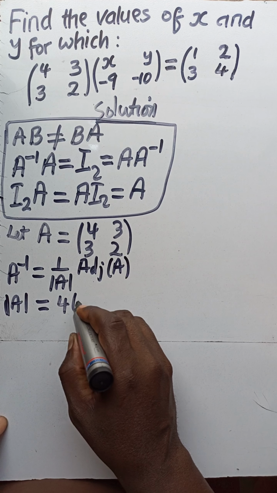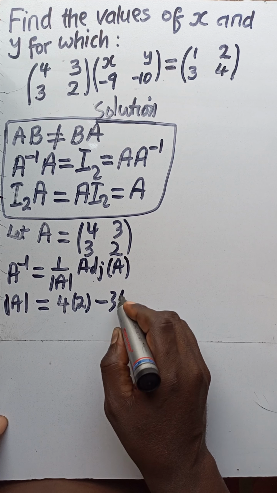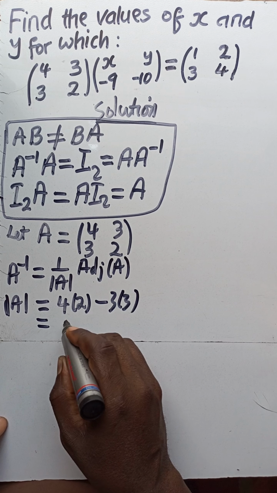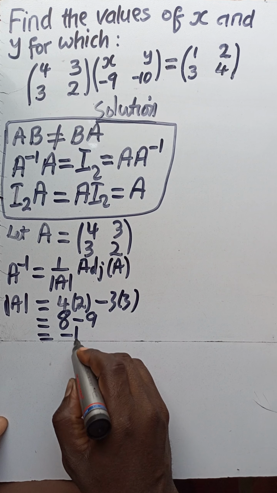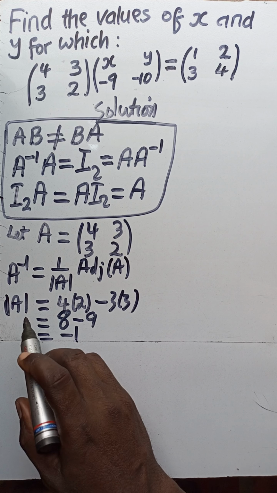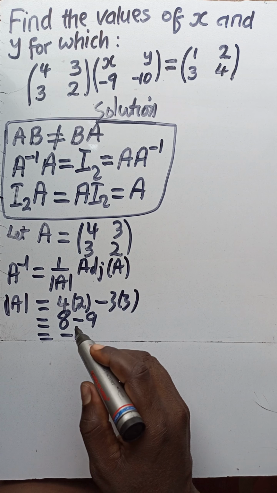So we have 4 multiplied by 2 minus 3 multiplied by 3. This gives us 8 minus 9, which is negative 1. So the determinant of this matrix is negative 1.